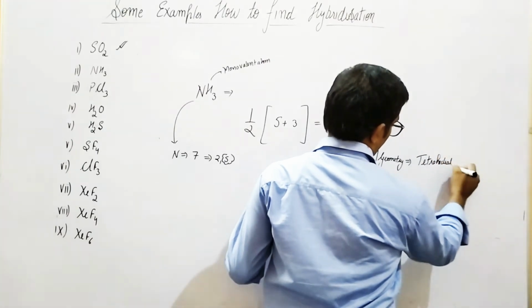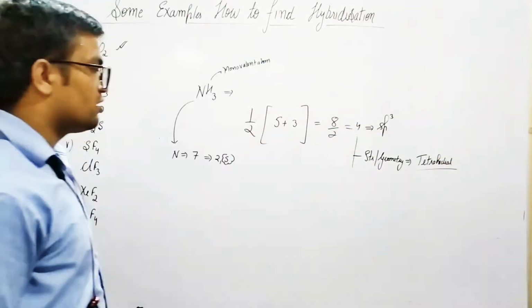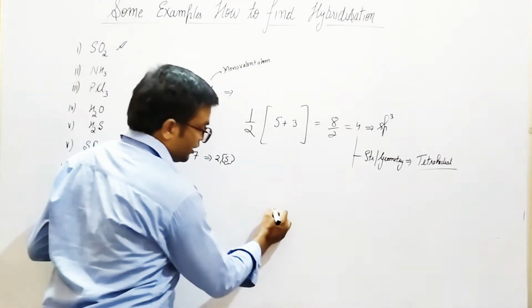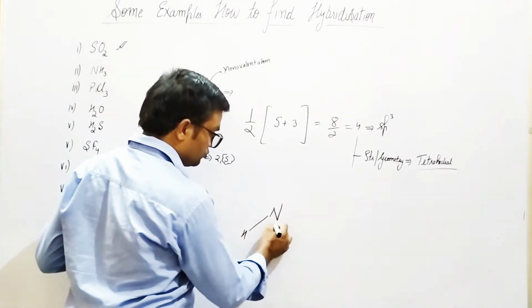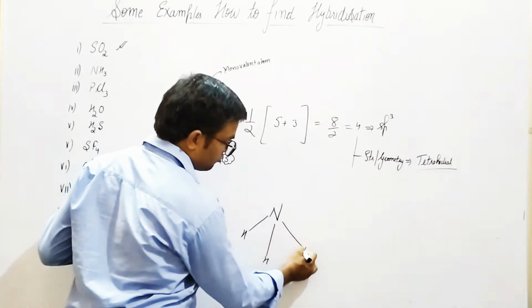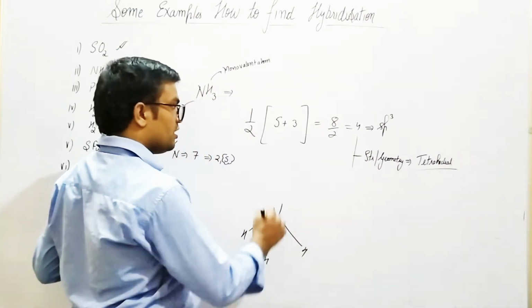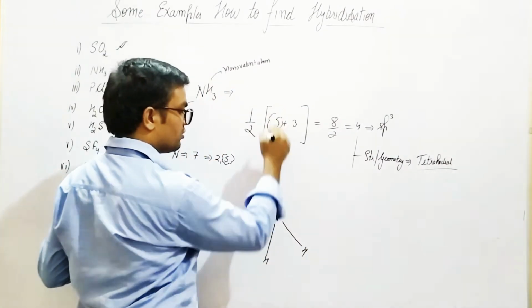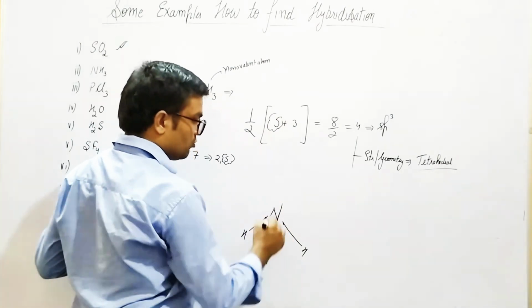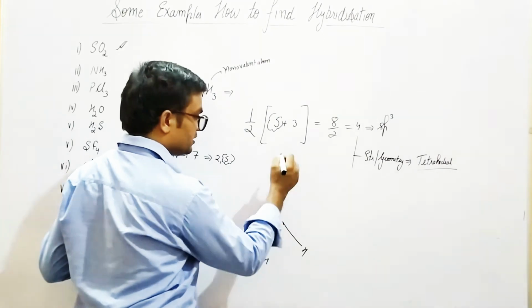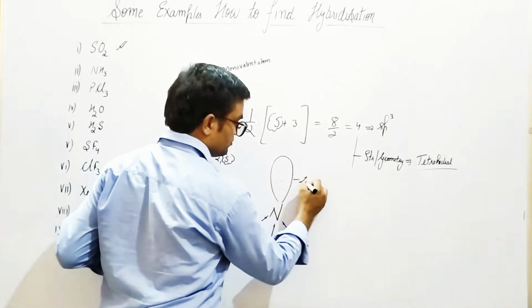but its shape will not be tetrahedral now, because nitrogen has 5 valence electrons, out of which 3 are used in bond pairs to form bonds with hydrogen. These are 5 valence electrons. One is used with this hydrogen, this and this. Only 2 electrons are left, which act as a lone pair.